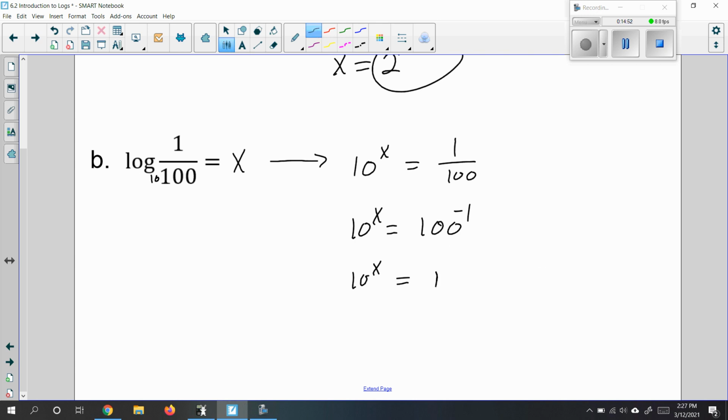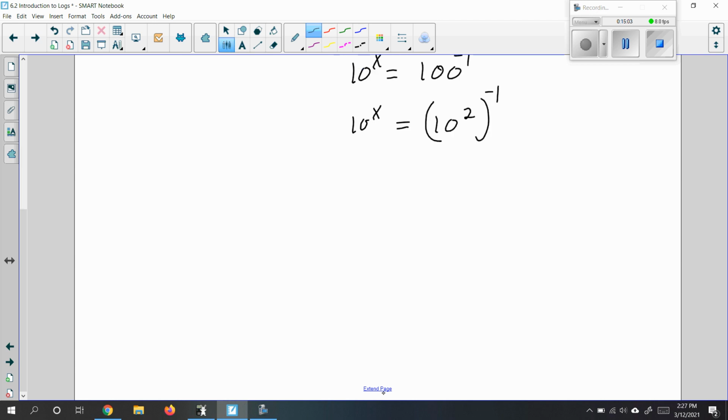So this is like saying 10 squared to the power negative 1. Anytime you have a power raised to a power, you multiply the exponents. So 10 to the power x is equal to 10 to the power negative 2. So that must mean that x is negative 2.